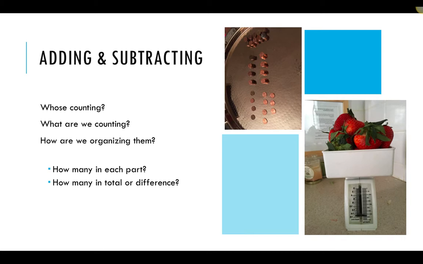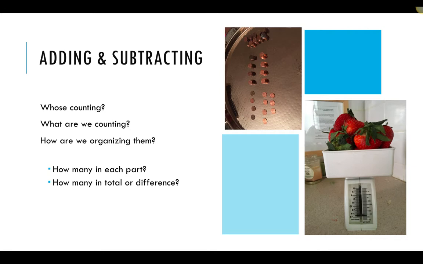combining and comparing. If every time you look at an adding and subtracting problem, you ask who's counting, that gives children an opportunity to share their names, what they're counting, that's the object they're counting, and one of the 9 quantities that they're counting or measuring of it. So the counting of individual pennies or the weighing of the strawberries.